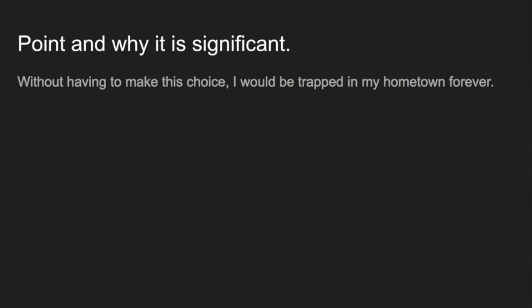Okay, so we're kind of getting a sense of what the consequences are. Well, the consequences could be living in the same hometown forever. So it sounds like the writer does not want to do that, or for some reason the hometown is not a place that they want to live in. And they're setting up that this choice is a big choice.